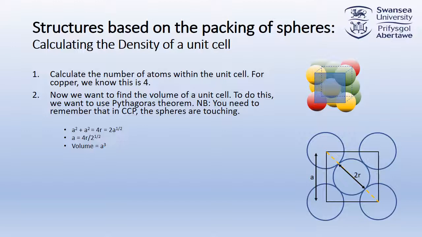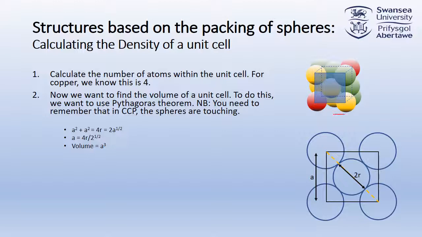Okay, so now we can think about calculating the density of our unit cell. So we already know from our previous slide that the number of atoms within the unit cell is 4. Okay, so here's our close packing structure, and this is the cube that we're trying to represent.